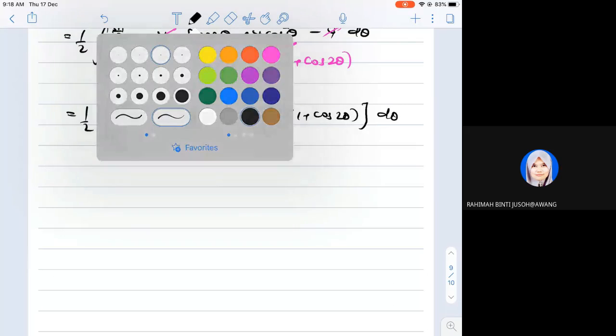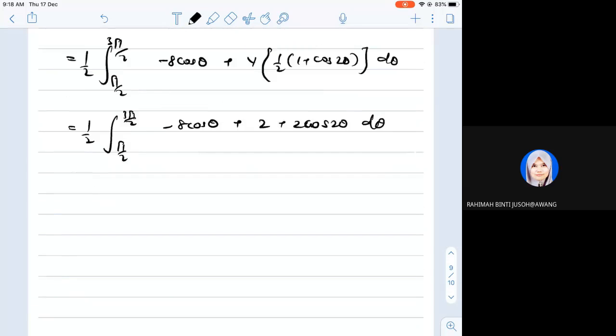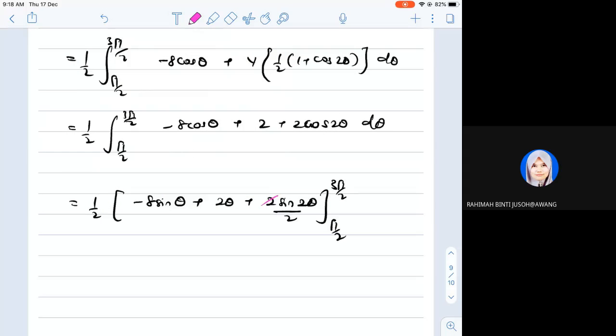Okay, so we will have d theta. So now let us integrate this. Substitute pi/2 until 3 pi/2. So yes, we can cancel this.